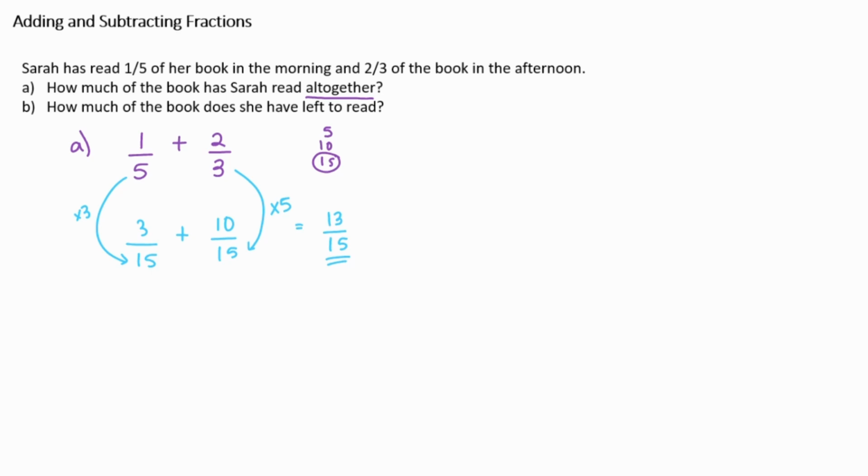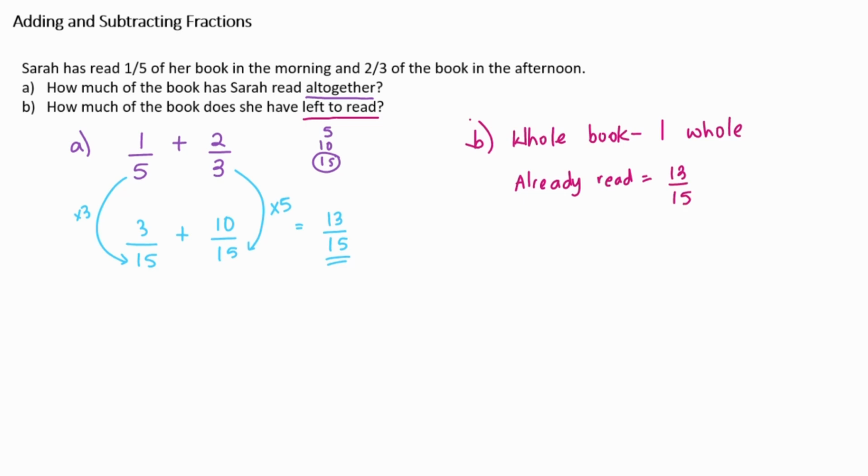Part B says, how much of the book does she have left to read? So because we're finding what is left to read, we first of all have to understand that the whole book represents one whole. From part A, we found out that she has already read 13/15 of the book.